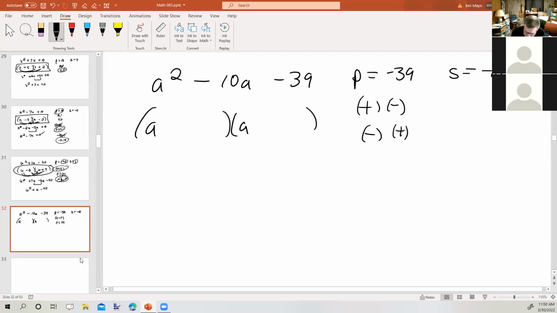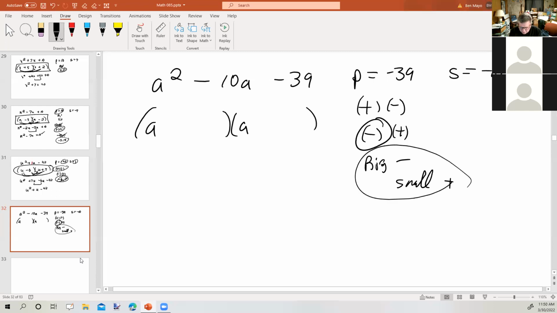So that means my negative number has to be bigger. So I'm going to have a big negative and a small positive. When I multiply them, I get a negative number, but when I add them, I get a negative answer. So let's see, big negative, small positive. How about negative 39 and 1? Or negative 13 and 3?